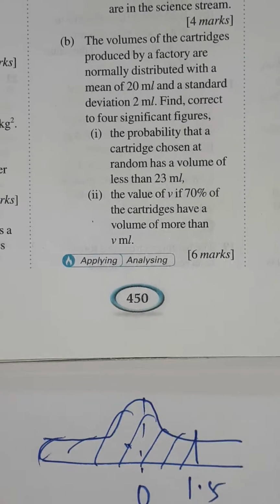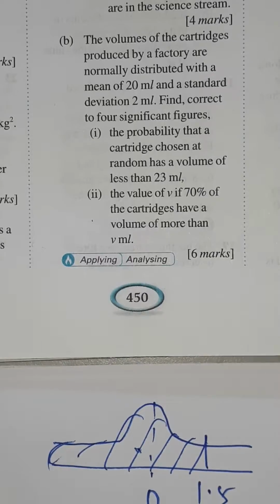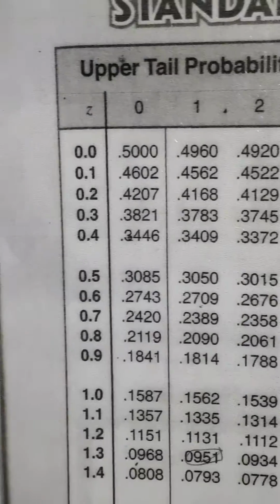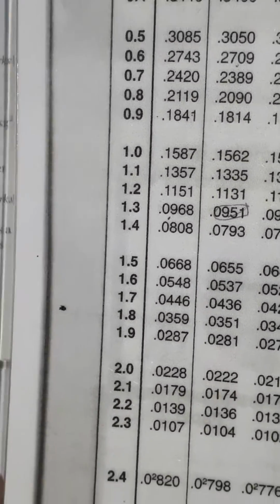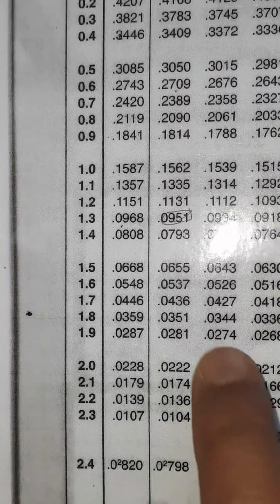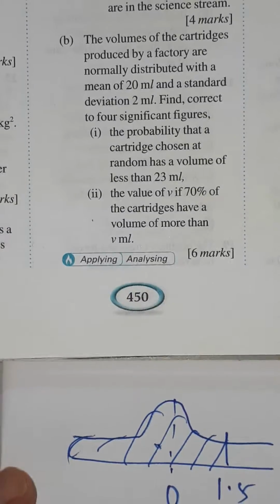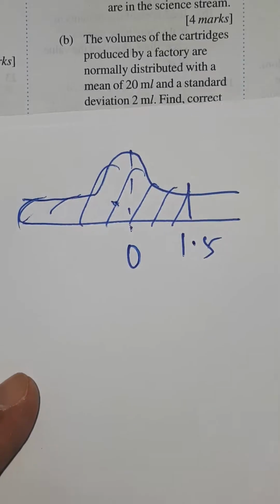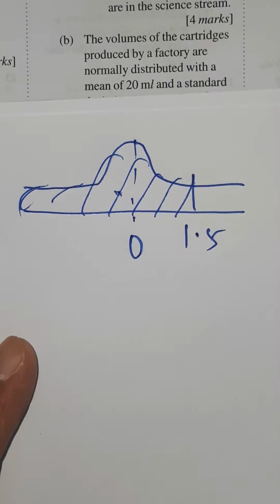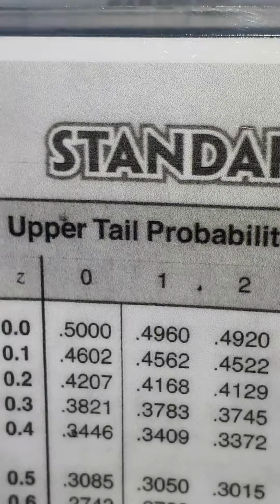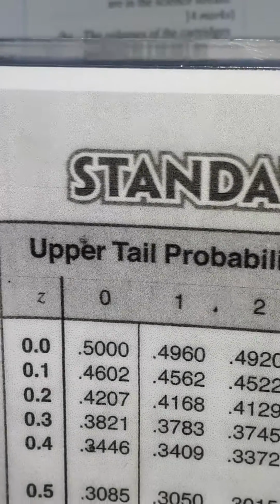Okay, so when we read the graph of the Z score, you will get 1.5 is 0.0668. Okay, so for this graph, again, referring to this graph, you have to read that there is upper tail probability.